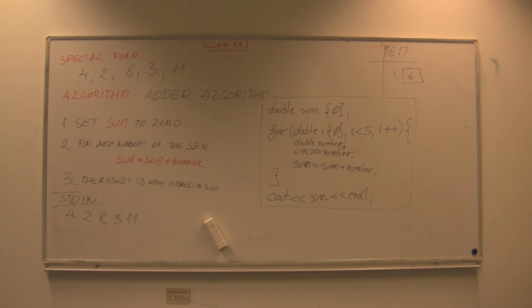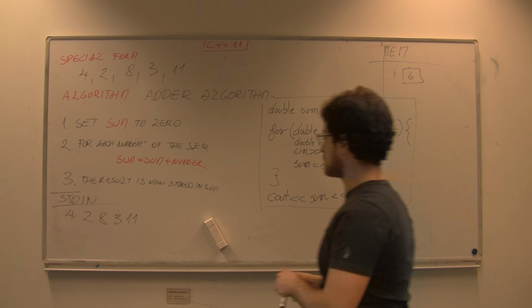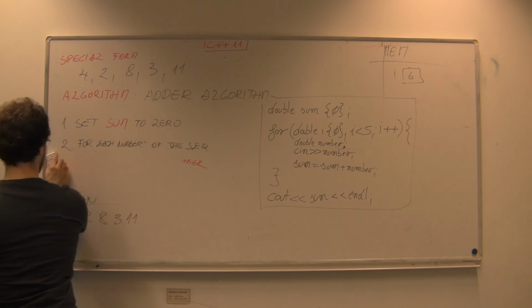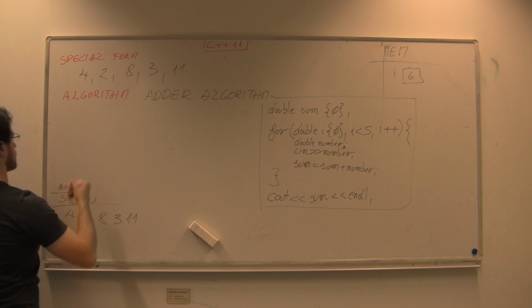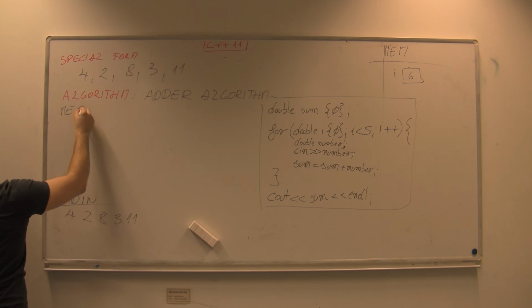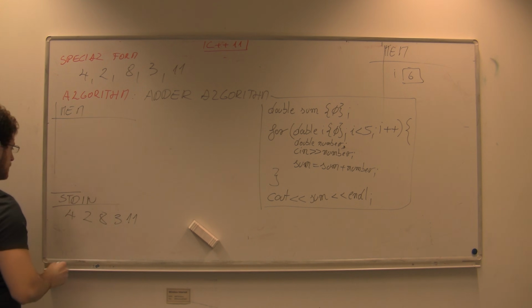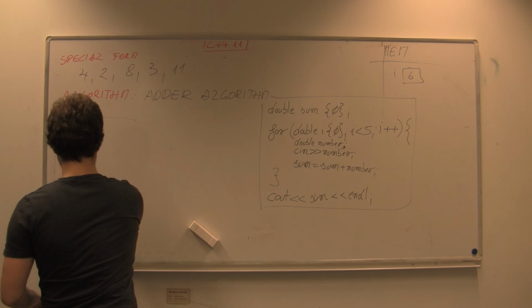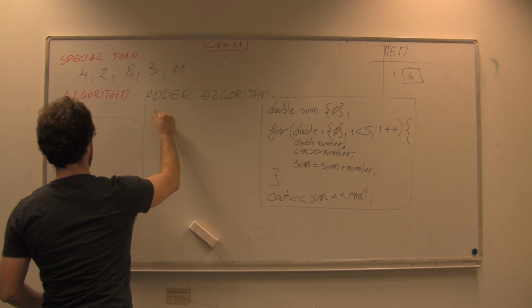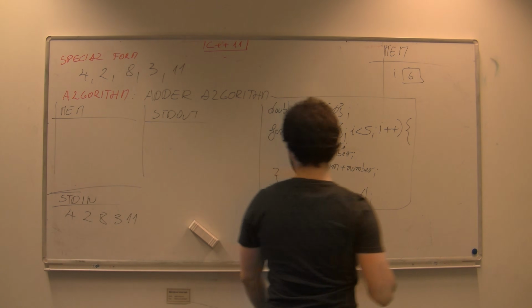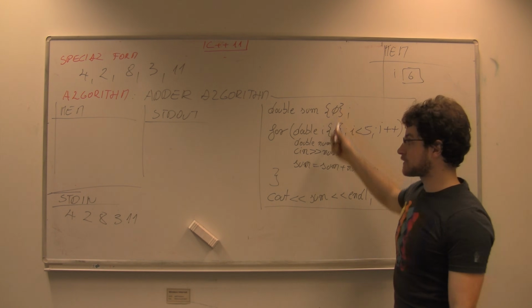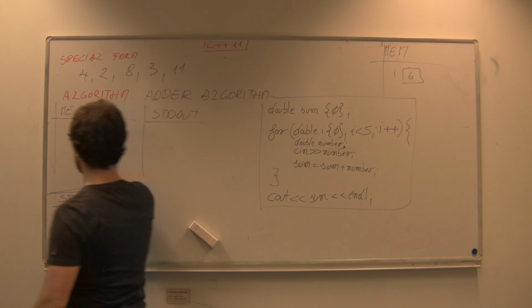Let's convince ourselves that it works. I'll make our memory here. Our standard input is here. And our standard output may be here. The first step introduces the variable sum and binds it to 0.